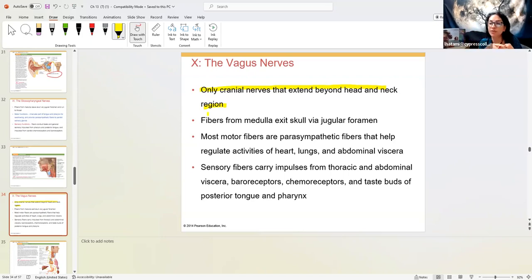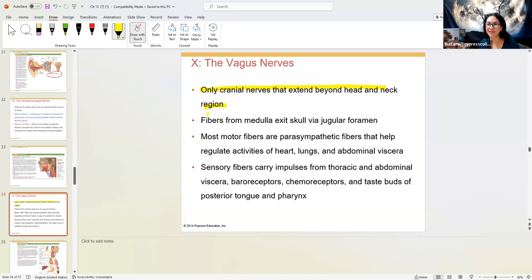Cranial nerves number 3, 4, and 6 are also related to the eye, about eye movement. Cranial nerve number 5, the trigeminal nerve, for the sensation of the face and also the innervation of the mastication muscles. Cranial nerve number 7, the facial nerve, is related to the facial expression muscles. Cranial nerve number 8 is about the ear. But the vagus nerve goes beyond the head and neck.